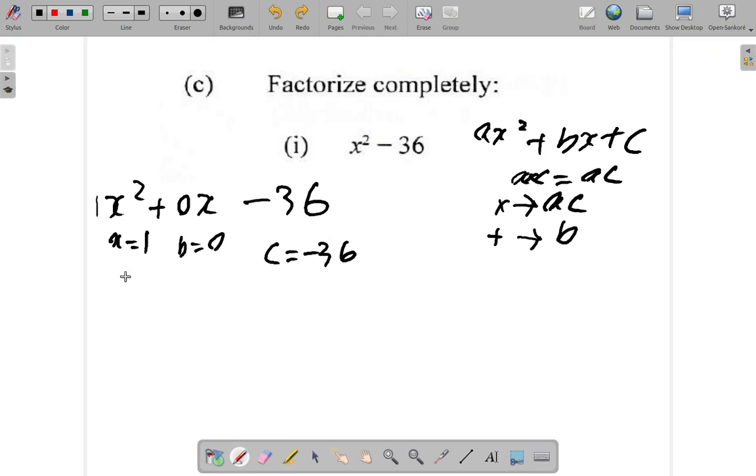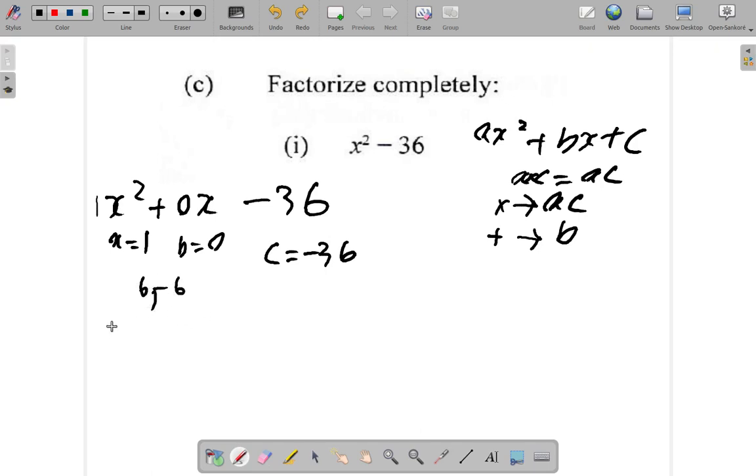Now we think of two numbers, they multiply to give you ac. In other words, they multiply to give you negative 36 and they add to give you 0. Can you think of what those two numbers are? What are those two numbers? Well, those numbers would be positive 6 and negative 6. Alright?